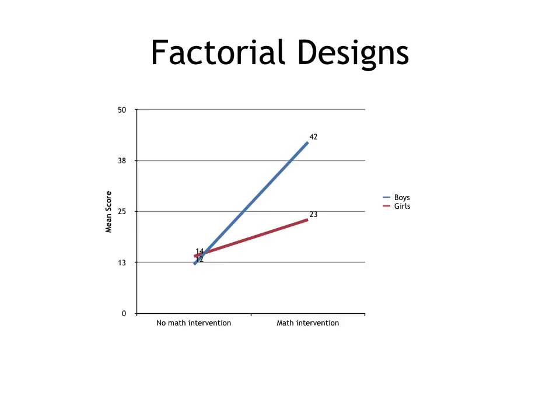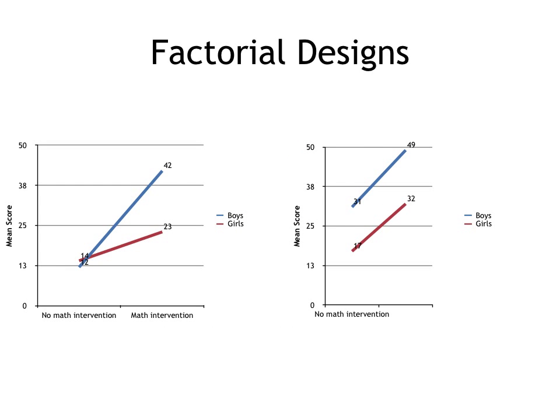The boys scored a mean of 42 and the girls scored a mean of 23. Both groups benefited from the math intervention. But there was an interaction and the boys then benefited much more than the girls did. And then what we want to do with statistics is see if there's a statistical difference in the way that they scored. So there is an interaction happening here.